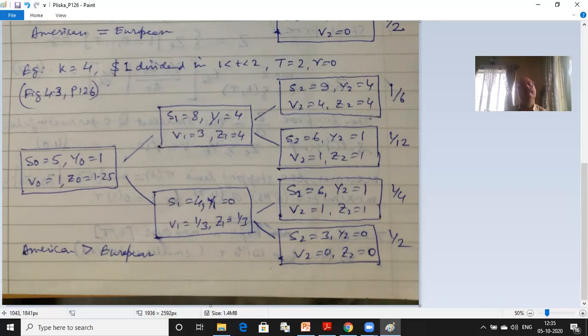So if I exercise the American right now, I can gain. So this is a node where early exercise is profitable. If I hold on to it, I can expect to get 3. But if I exercise it right now, I can get 4. So obviously, I will exercise it right now.